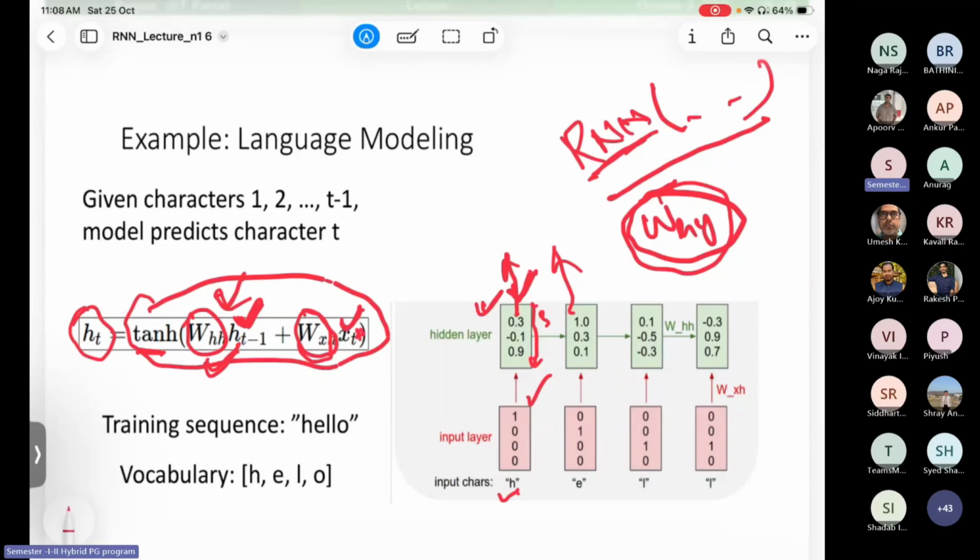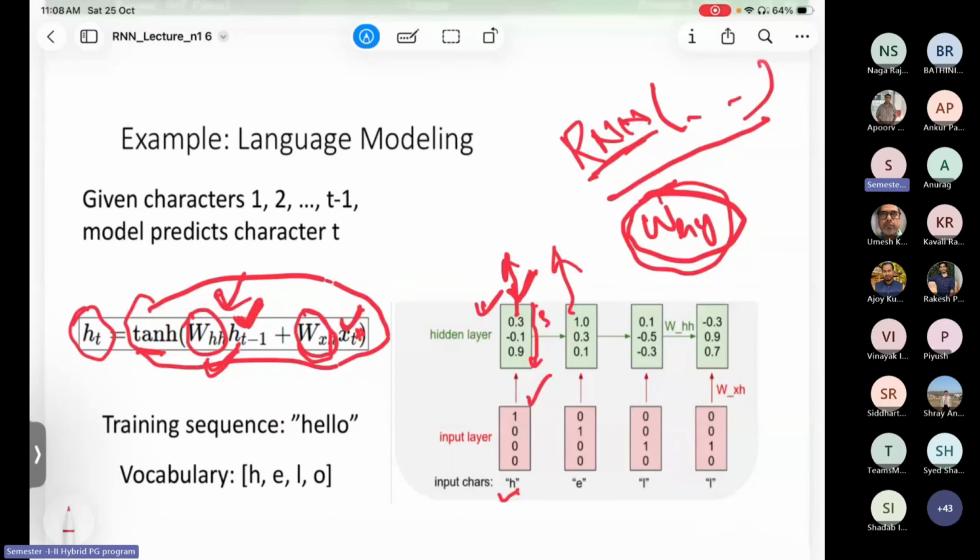Four H vector states? Yes, we need four states, because every state will predict one next character. So you have to go with the four states. Then only will all the characters of the given word be covered.